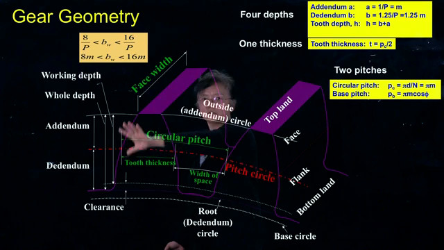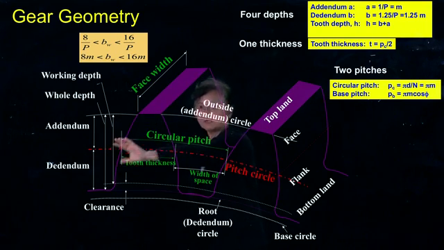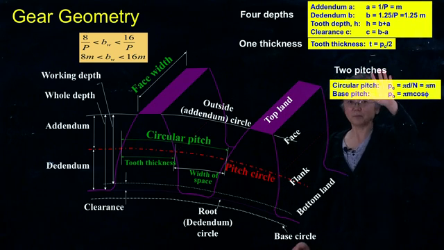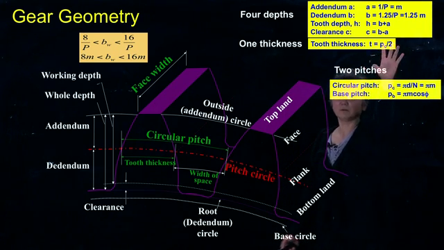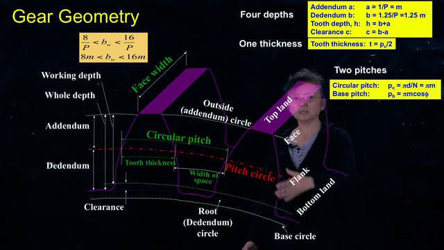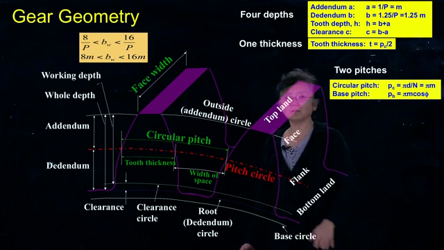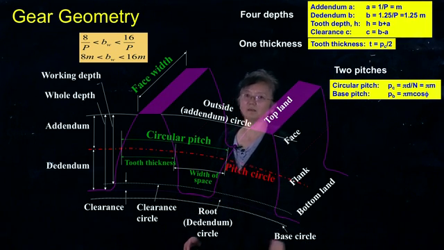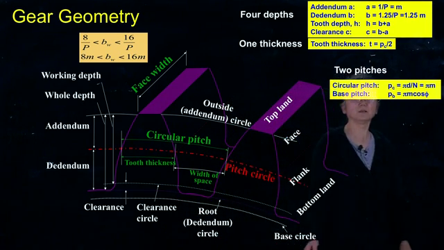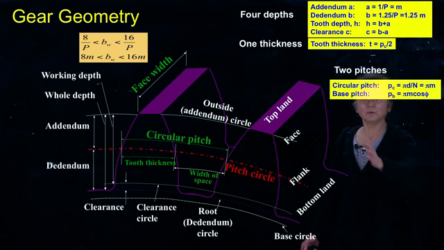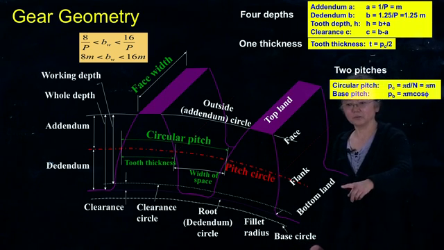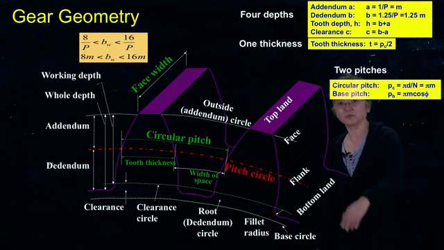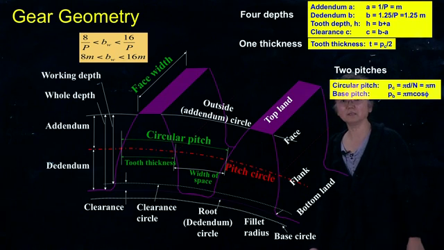The tooth depth, the entire depth, is B plus A. The clearance has to be B minus A. All these are defined. Based on the clearance, that gives us a clearance circle. It's invisible, but it is there. And then don't forget, we also need to make a fillet at the root for strength purposes, so we can define the fillet radius.